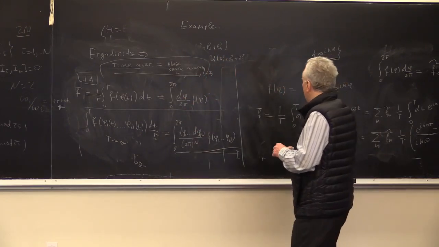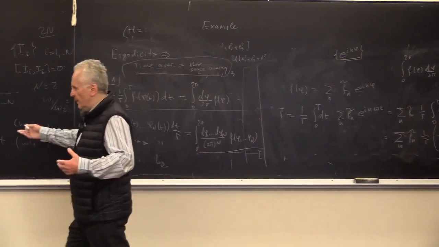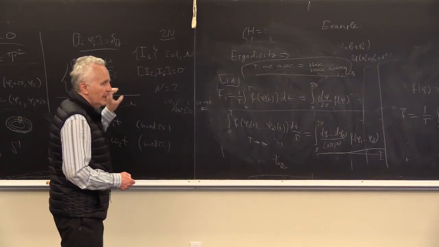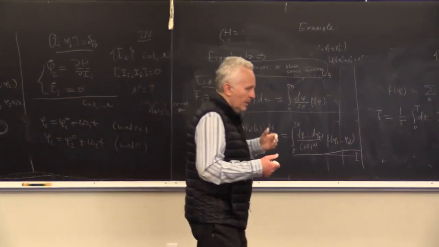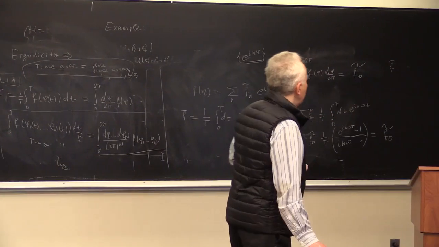So that's it. Now it's clear from our discussion that there should be something slightly more tricky in the higher dimensional case. So let's do the same thing in the higher dimensional case.